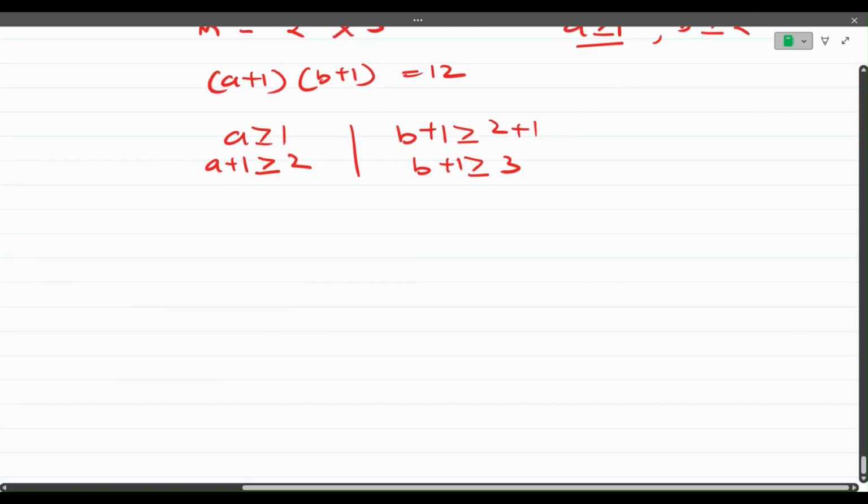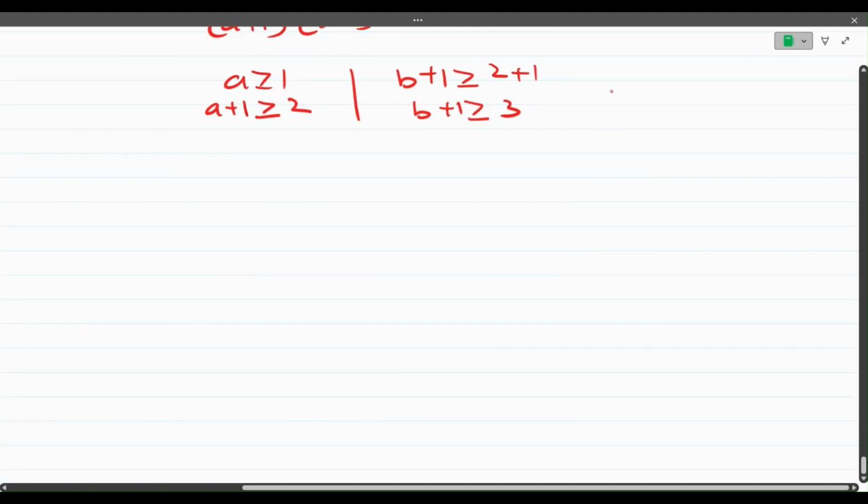So now we have how many conditions, we have how many choices.